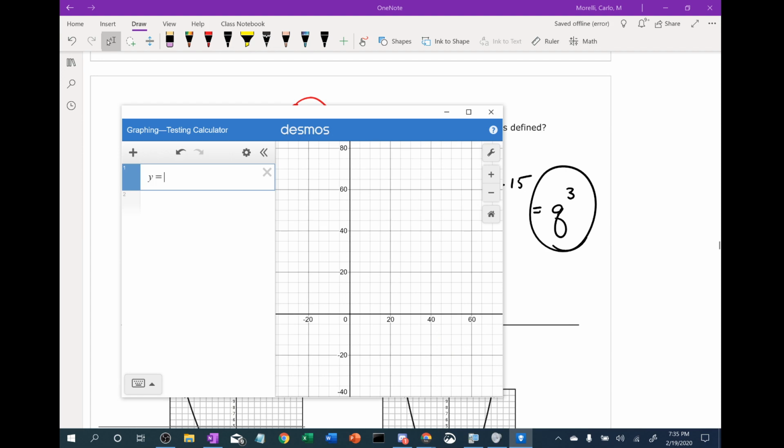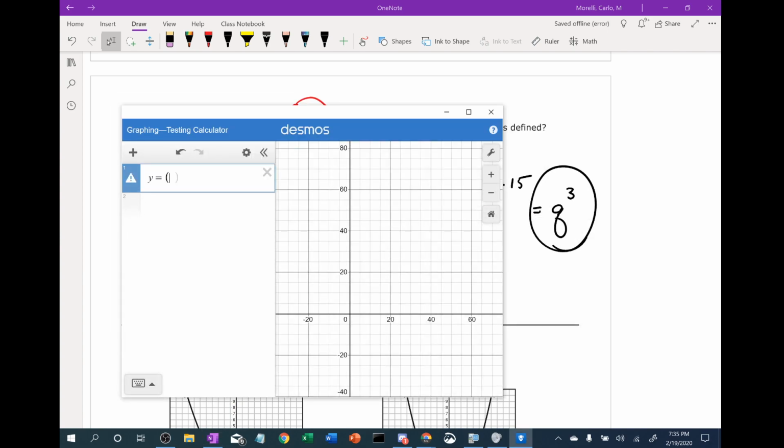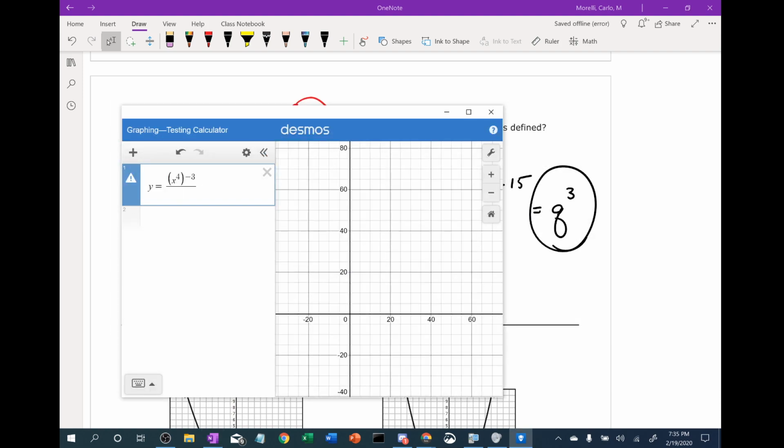Open parentheses, x to the 4th, close parentheses, raised to the power of negative 3. And this whole thing is over x to the negative 15th.